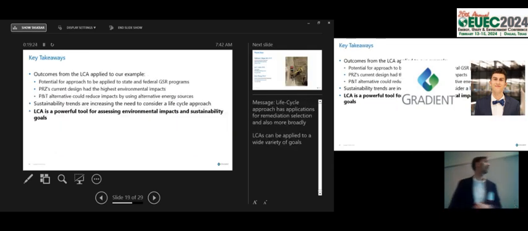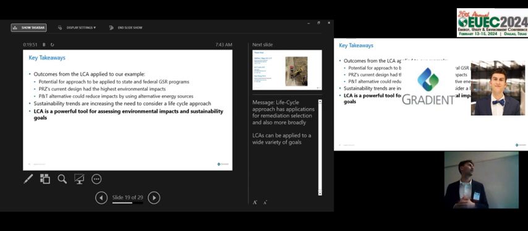So some of the takeaways from this: we can apply life cycle assessments, and state and federal green and sustainable remediation programs are looking at high-level design that considers these values, and a life cycle approach aligns to initiatives that have already been put out by programs.